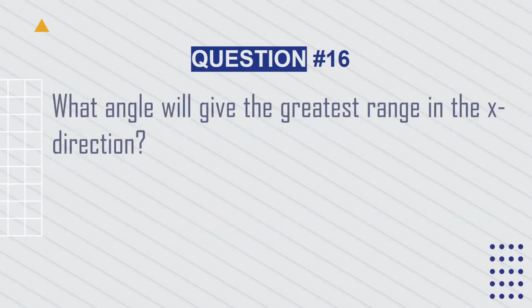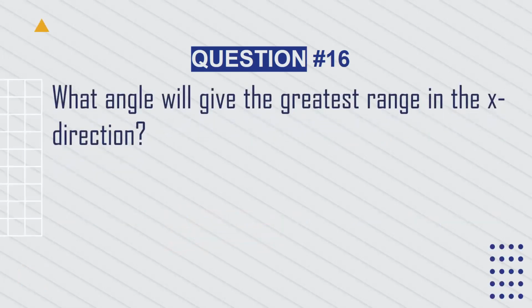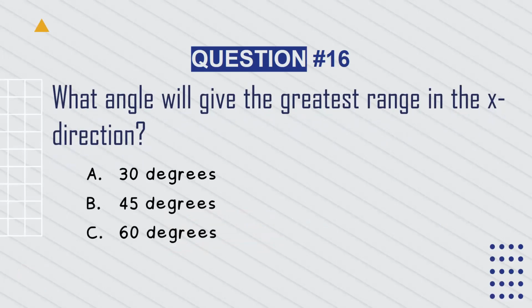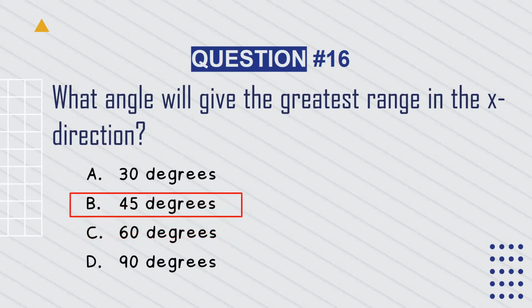What angle will give the greatest range in the x direction? A. 30 degrees, B. 45 degrees, C. 60 degrees, or D. 90 degrees. The correct answer to this one is letter B, 45 degrees.